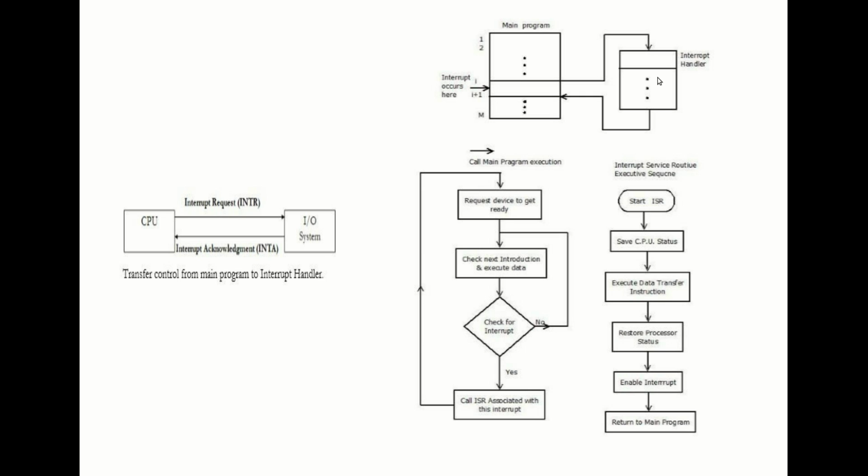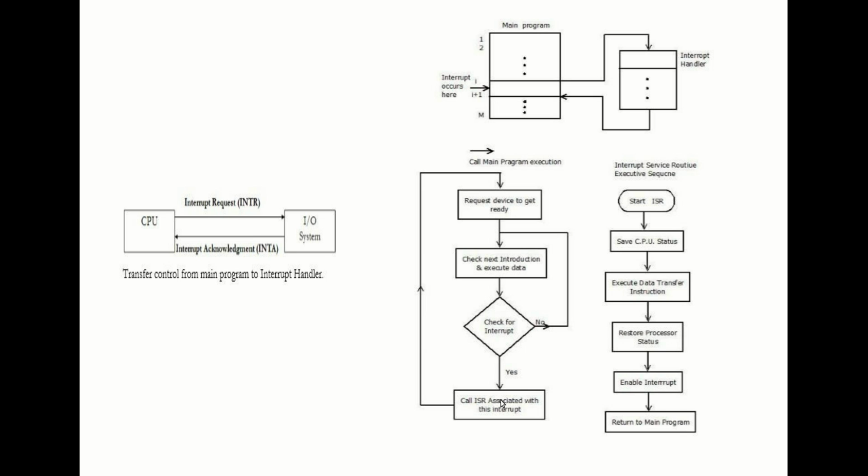So all these statements will be executed. Then it will come back and execute the next instruction of the main program, the next instruction where it gets interrupted. So this is what happens when the main program execution is interrupted. It will request the device to get ready, and it will check the next instruction and execute the data, and it will check for the interrupt.